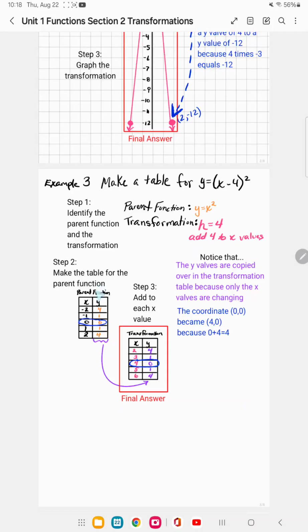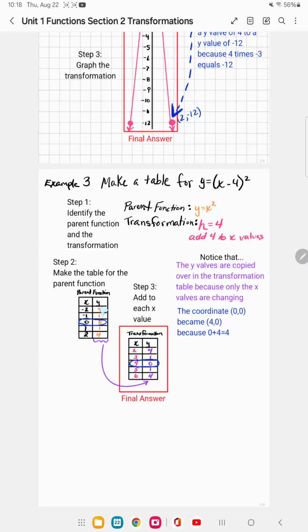So now I'm going to go back to my parent function table that we made in the previous examples. So you can see that it's still the same. Negative 2 gives me 4 because negative 2 squared is 4 from the parent function. So I'm going to fill in the rest of that and then make my transformation.